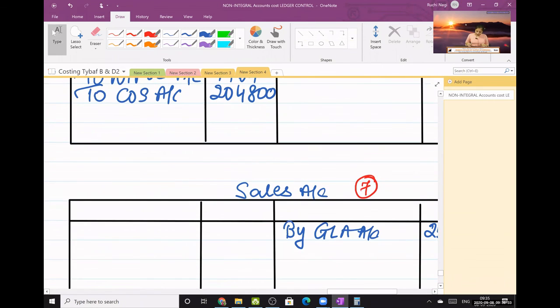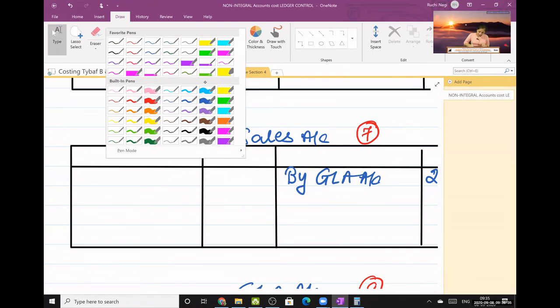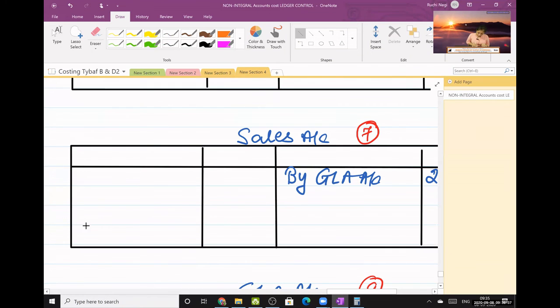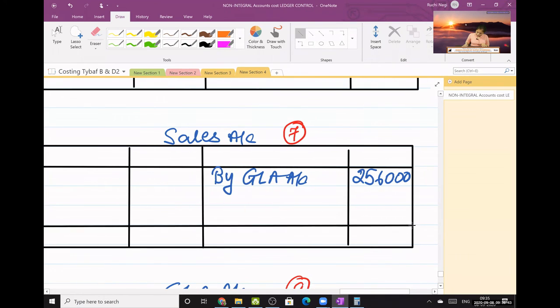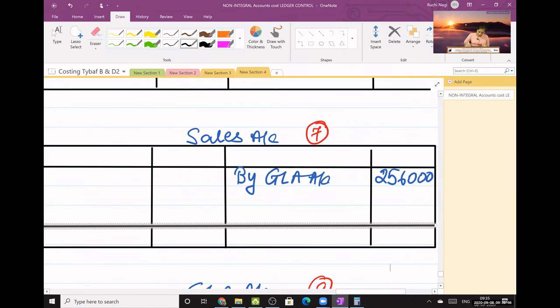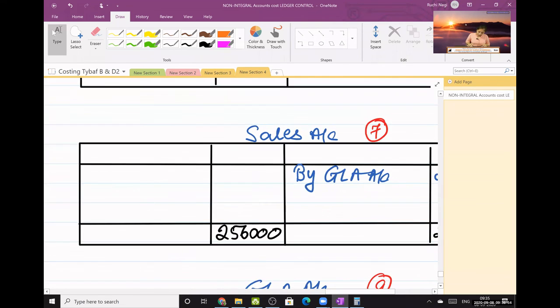Then close the sales account. Close sales account. 2,56,000, 2,56,000 to the closing.